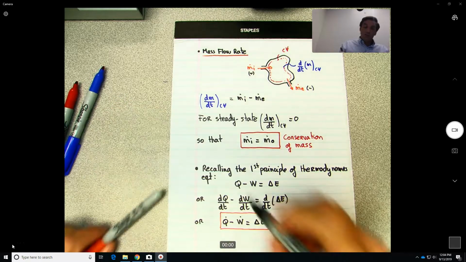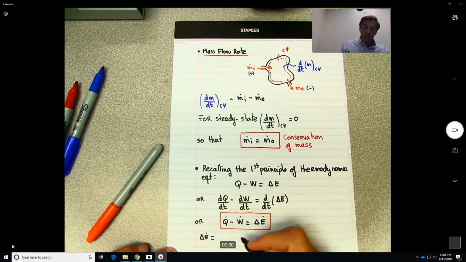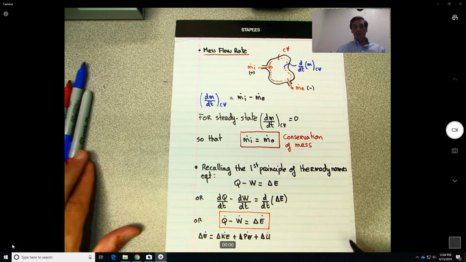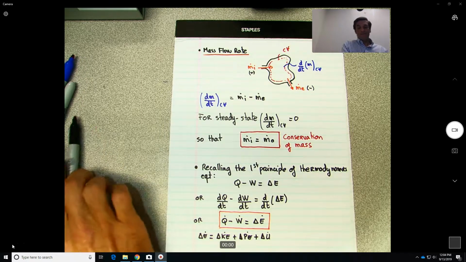Where in this equation, what is the rate of energy change? We have the change in kinetic energy per unit time plus the change of potential energy per unit time plus the change in internal energy per unit time. So basically what we need to do is add the m dot to all these terms over here.